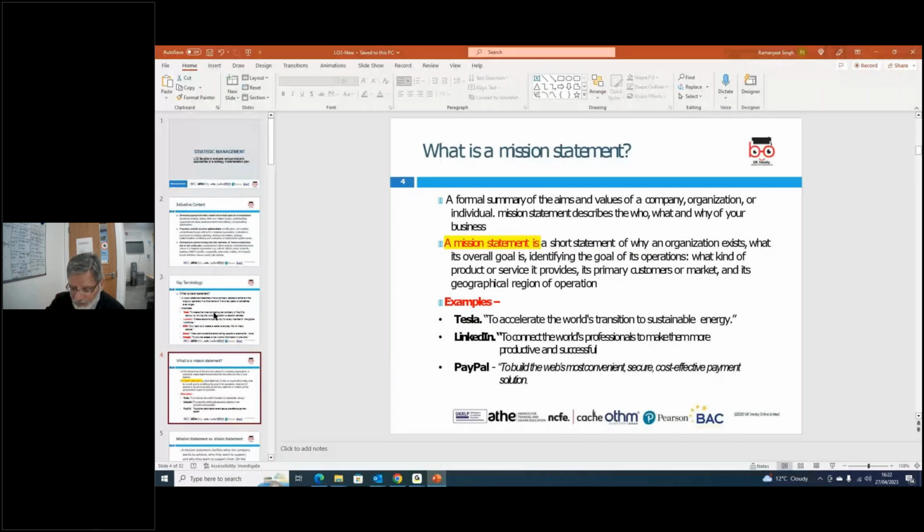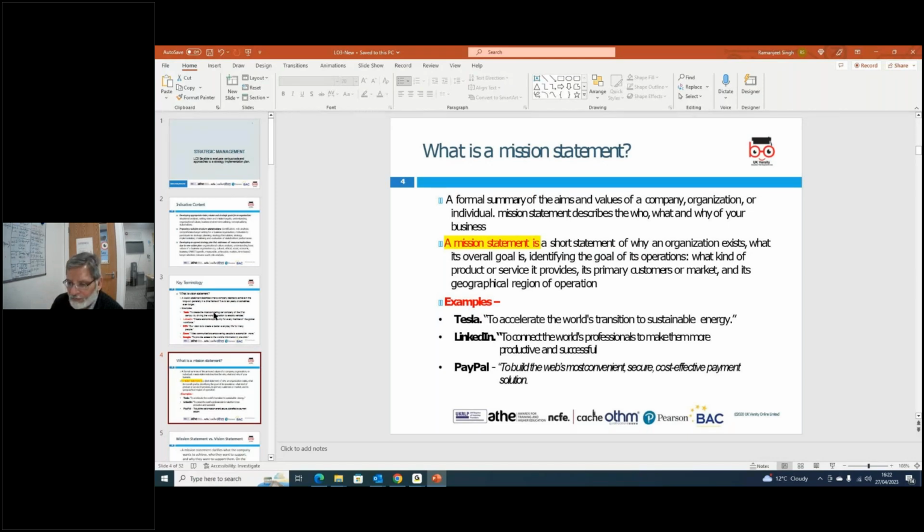It's a short statement of why and how you want to get there, and what type of roadmap you are going to follow. So, for example, if a company wants to achieve X, say grow internationally, how is it going to do this?